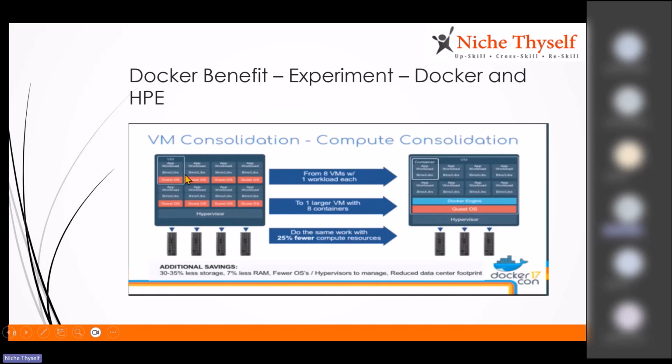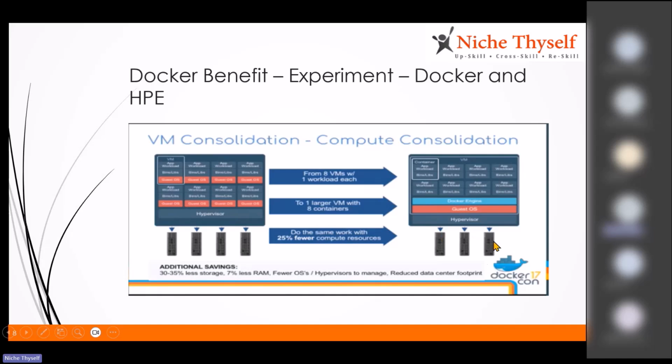And we are running 1, 2, 3, 4, 5, 6, 7, 8 virtual machines. You can see Guest OS and some applications. So 8 virtual machines running. This is my hypervisor layer. This is my cluster of 4 machines, and there I'm running virtual machines.